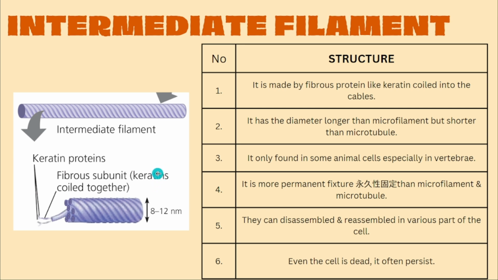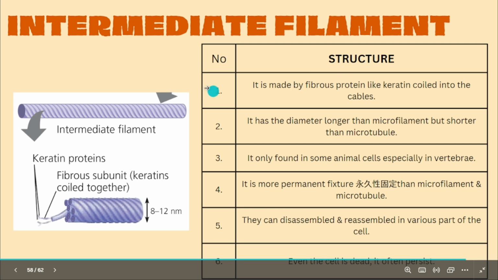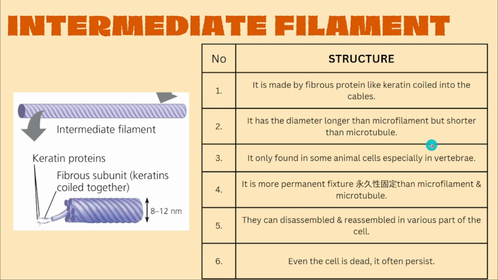Your body has already decayed, but your hair normally still remains. The decaying is very slow. That is one of the characteristics of the intermediate filament.